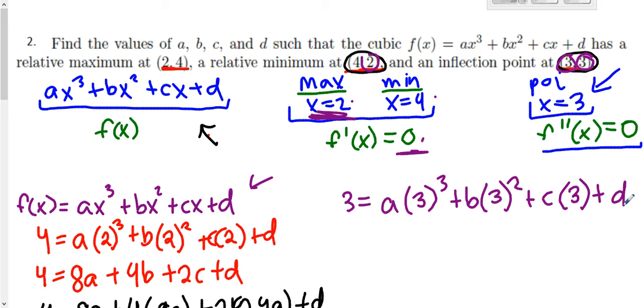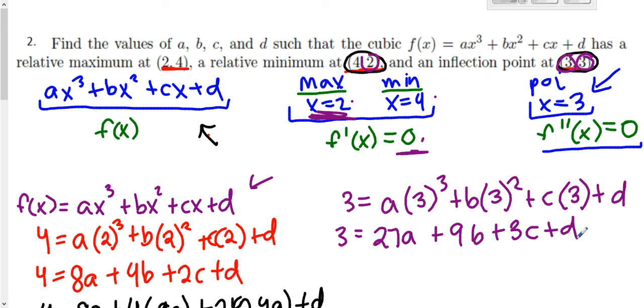Okay, so let's multiply that out. We have 3 equals 3 times 3 is 9, 9 times 3 is 27. We have 27a plus 3 squared is 9, b, plus 3c plus d.